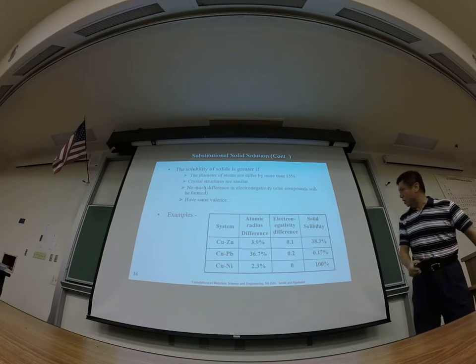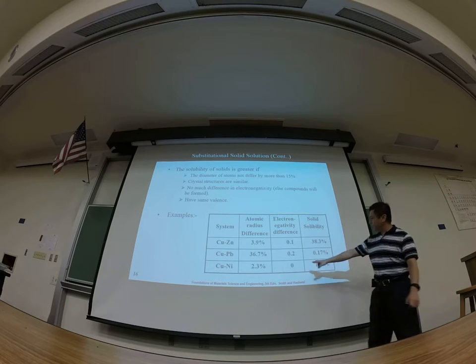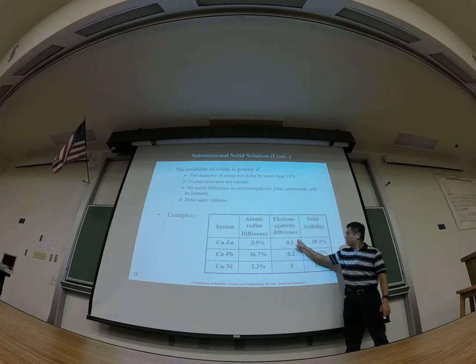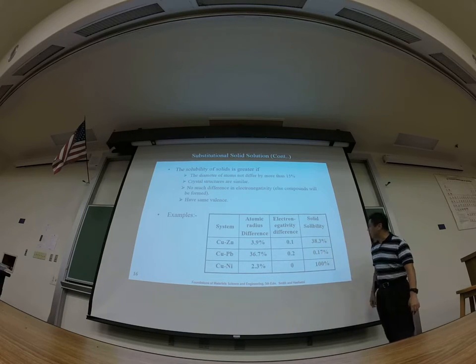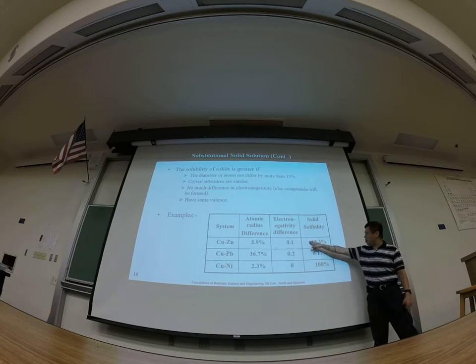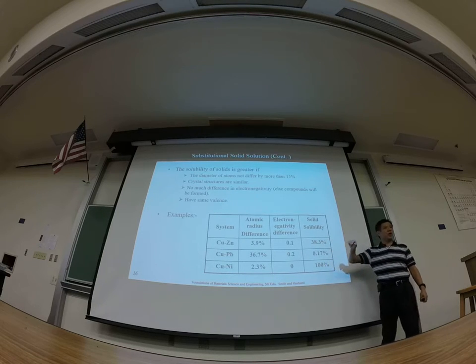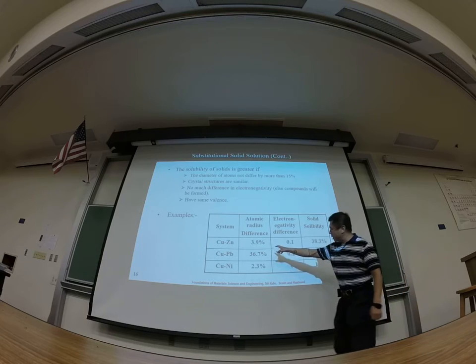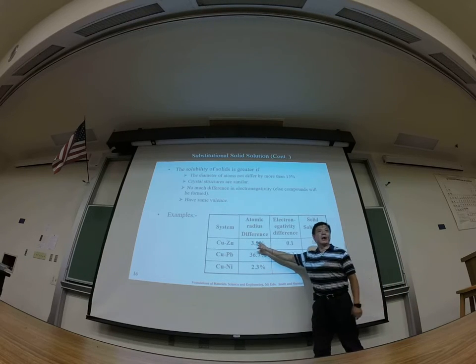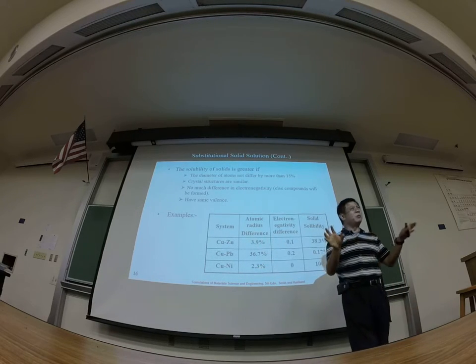So, some examples here. When you think about copper and zinc, which forms brass, in the brass case, their radius difference is 3.9%. The electronegativity difference between copper and zinc is small. The largest solubility you can achieve is about 38%. The reason is that this atomic diameter difference is reasonably large.